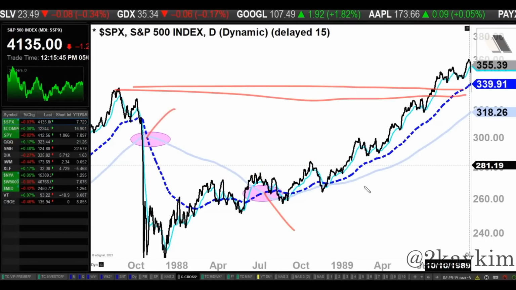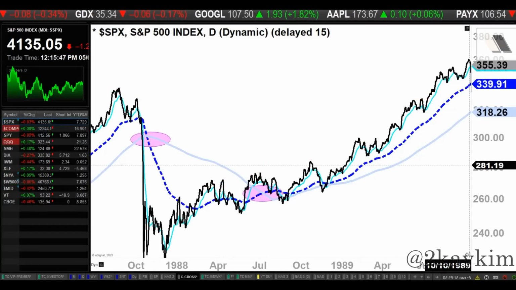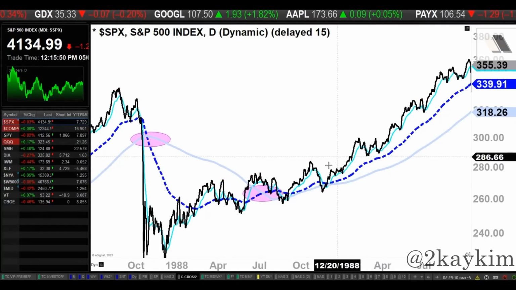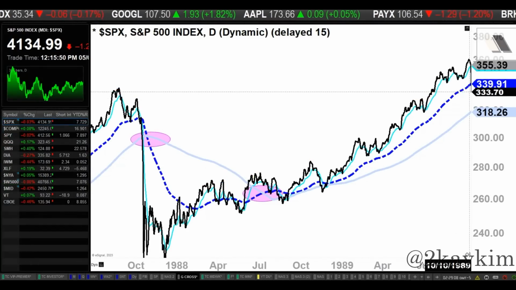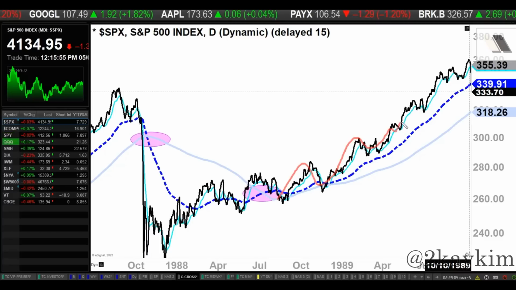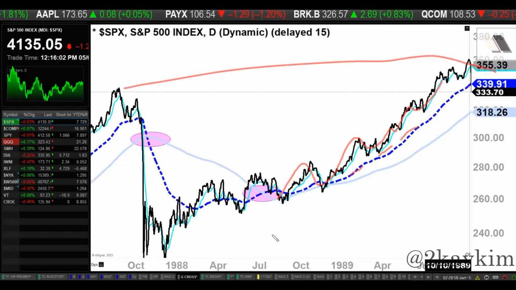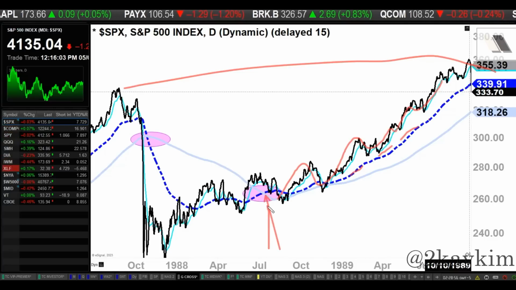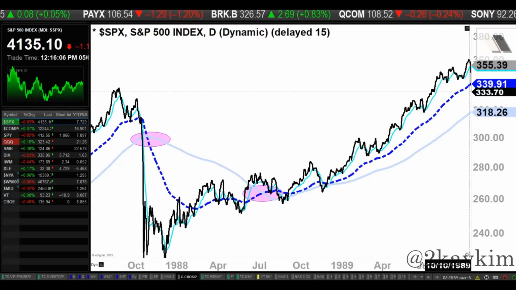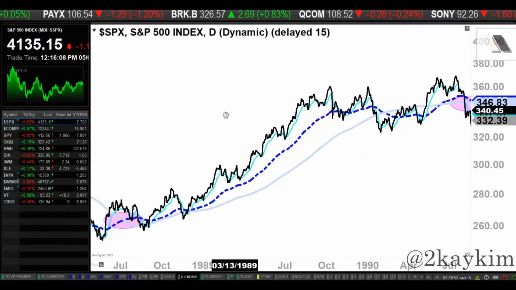And the midterm and long-term moving averages are staying up, not crossing down. Look at that, how swiftly. And then you can see the bulls really found that traction. It gets faster and faster and faster, not even retesting the midterm moving average, making new all-time highs. And as you can see, it all came about after that golden cross signal there.